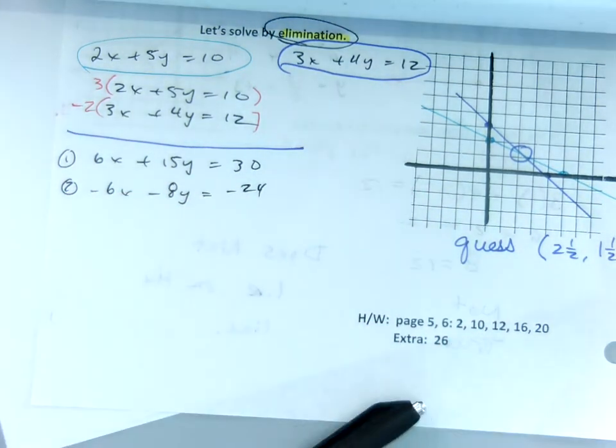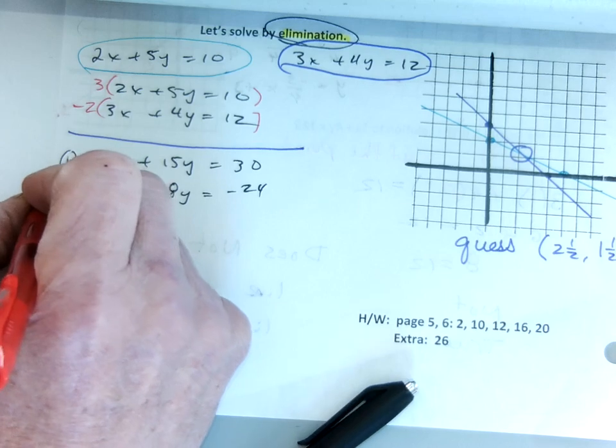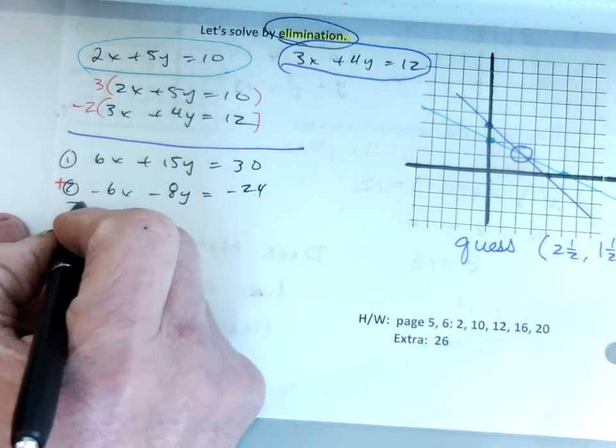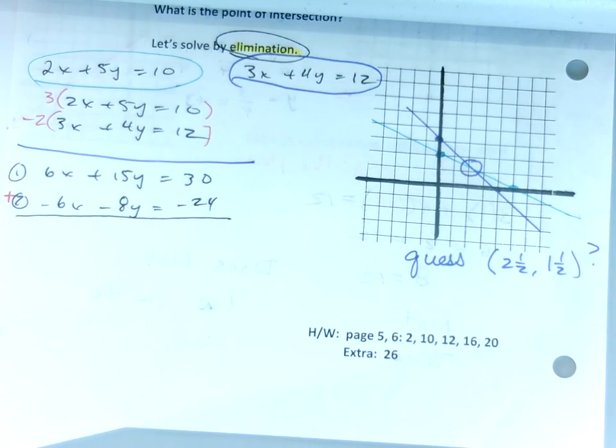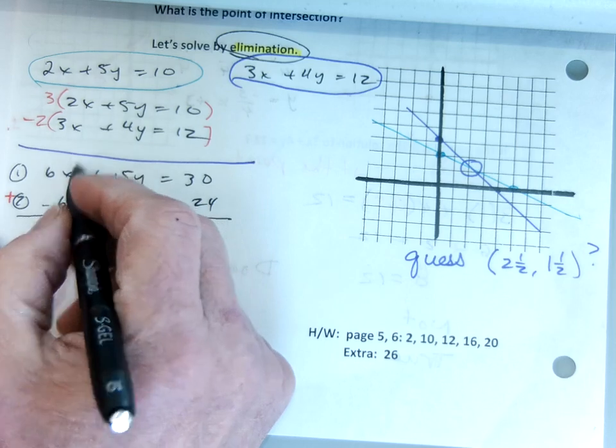If I add these two equations, we'll eliminate our x's. Am I going too fast? Slow down for a second. Okay? So, let's add. The x's cancel.